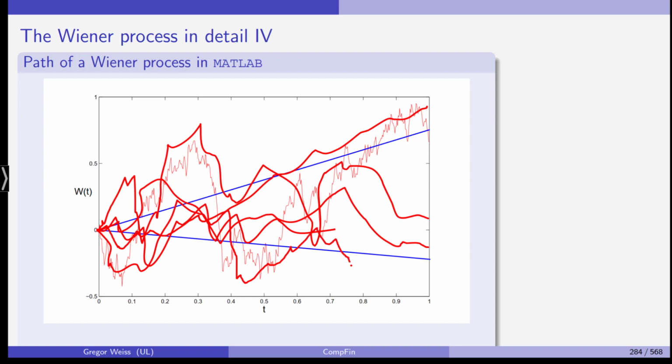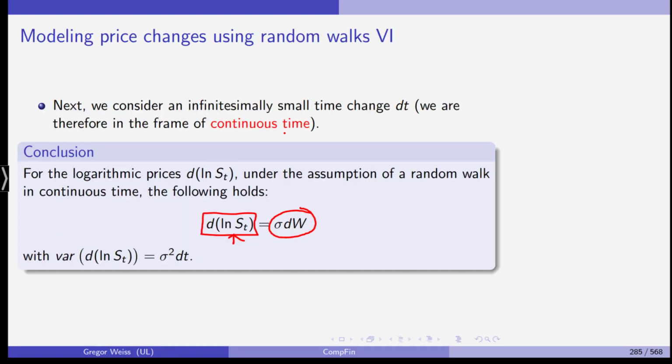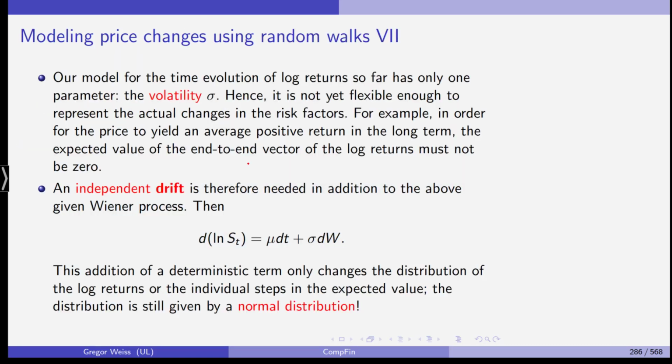Or something like this. So that we have a positive or negative drift. So we add an independent drift into the mixture, and we get our model with the Wiener process: the log returns are modeled as expected value drift mu times the change in time plus volatility times the Wiener process.